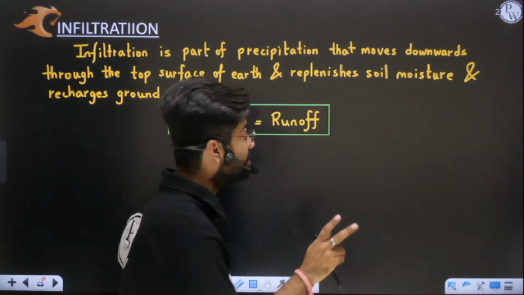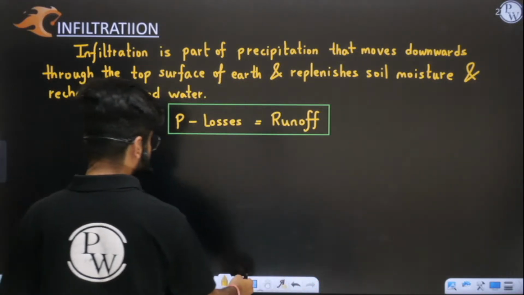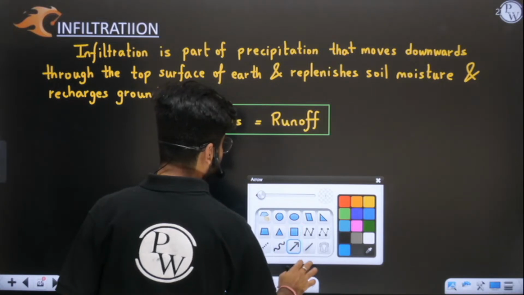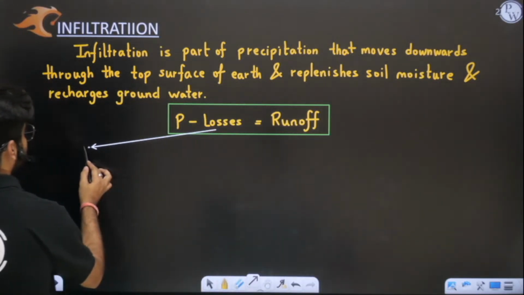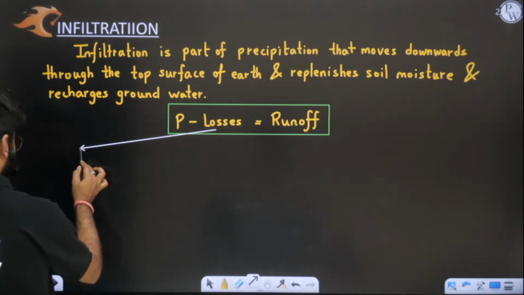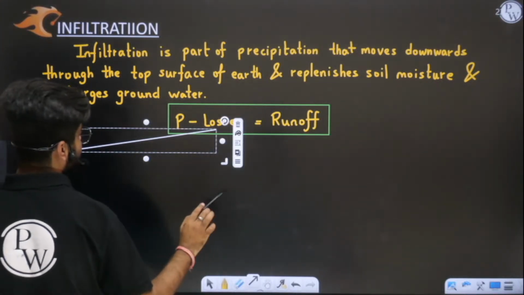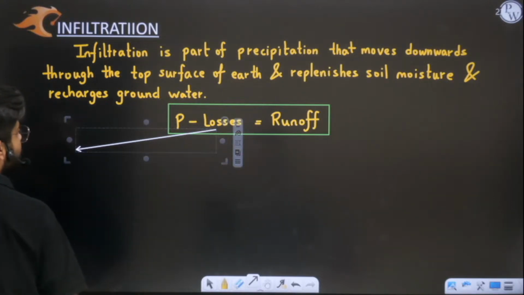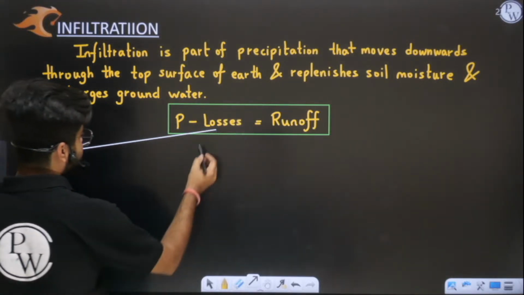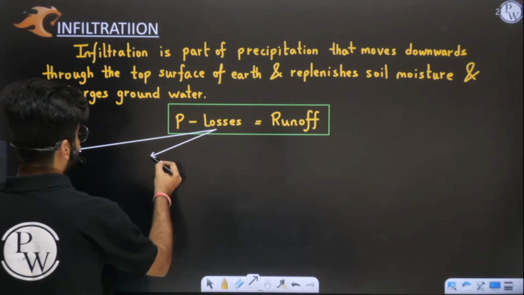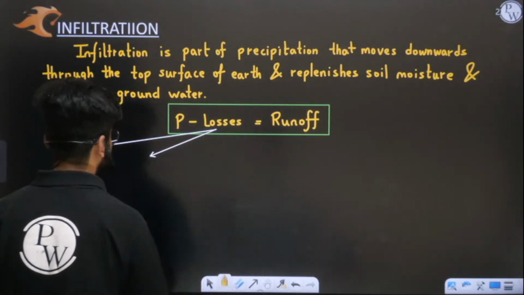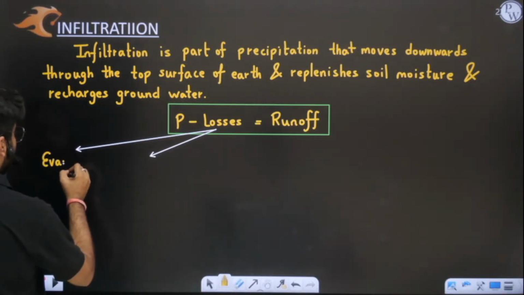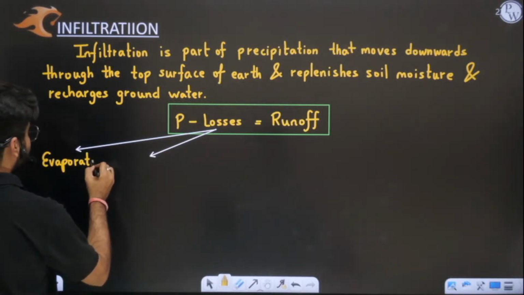Now we have studied 5 kinds of losses in this chapter. Let me write here. The first is evaporation, then transpiration, then interception. You can try to name them.